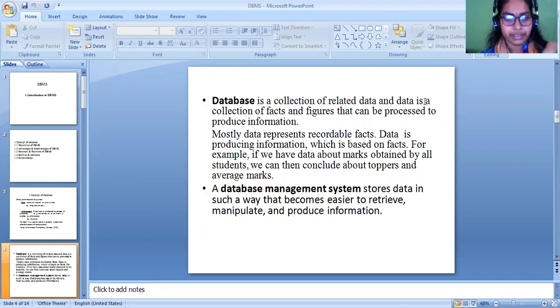So we can retrieve data about the college for a specific faculty or a specific course, and in that course we can get specific students' data.